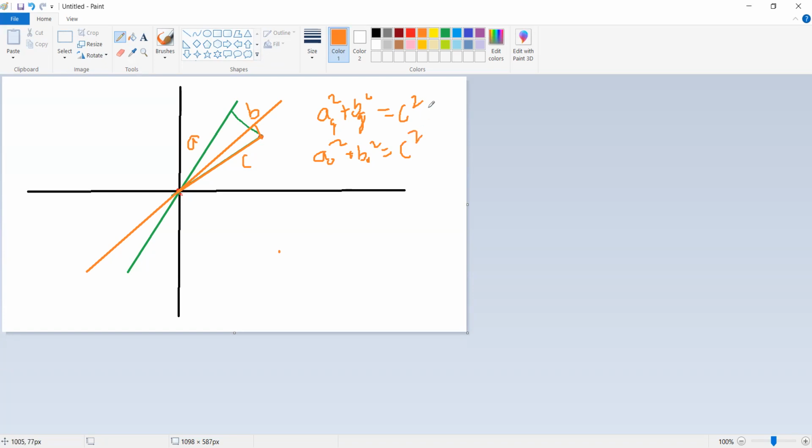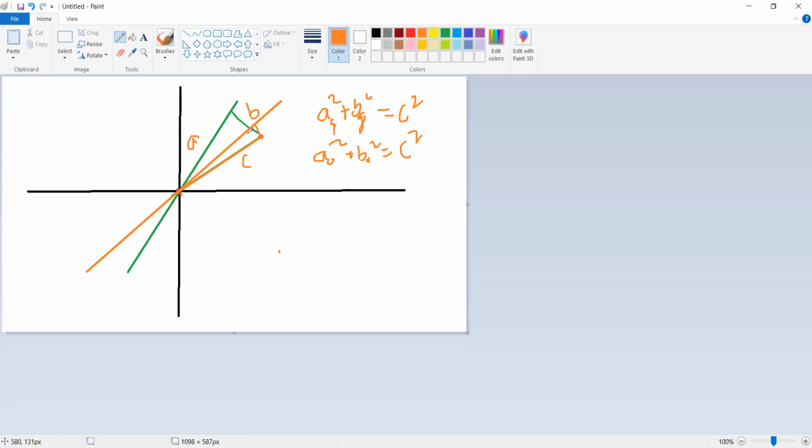Now if C is the same, and this orange value gets decreased, that's why we say best fit line. When this best fit line value is decreasing, what happens to A? A is increasing, right?